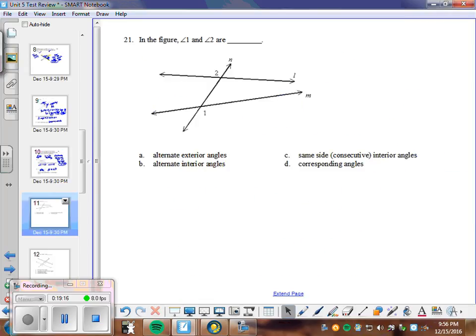21. In the figure, angle 1 and 2 are, okay, I'm here and here. I'm on the outside. Remember, this is the interior, this is the exterior, and this is exterior. So these are going to be exterior angles. That means the only one that could be is alternate exterior, because they're across from each other.